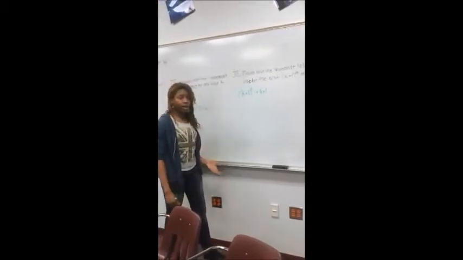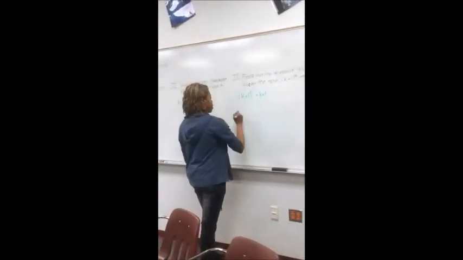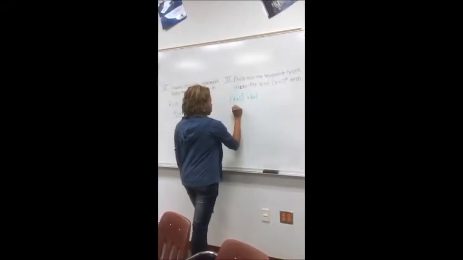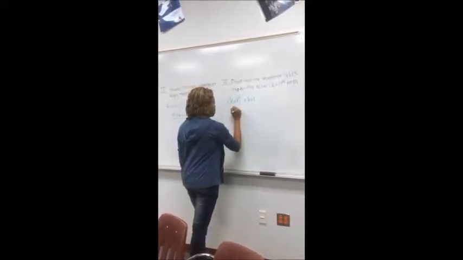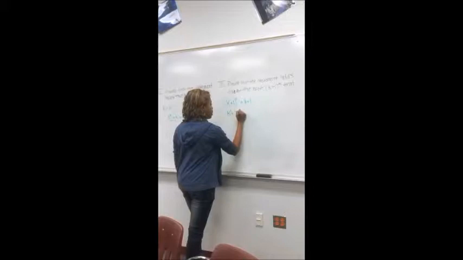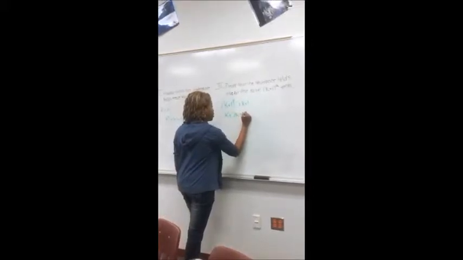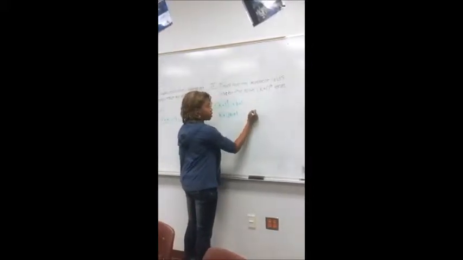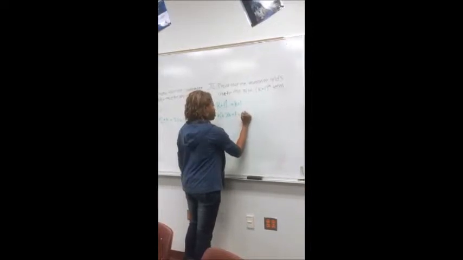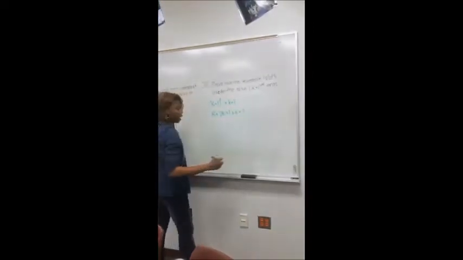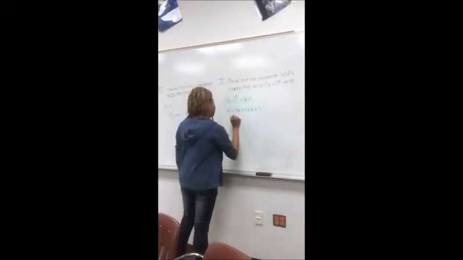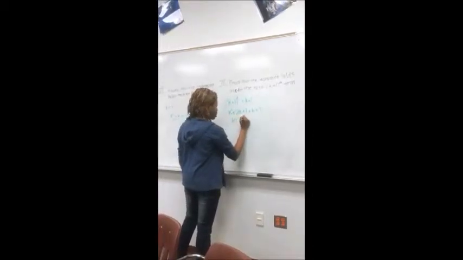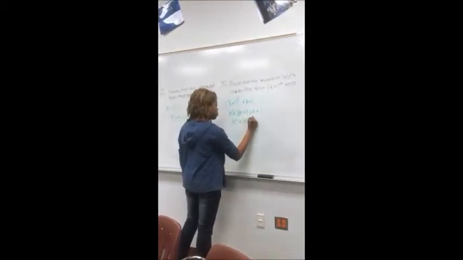You just need to FOIL it out and then simplify. So that will look like k squared plus 2k plus 1, and then you add this on, plus k plus 1. And then simplify: k squared plus 3k plus 2.